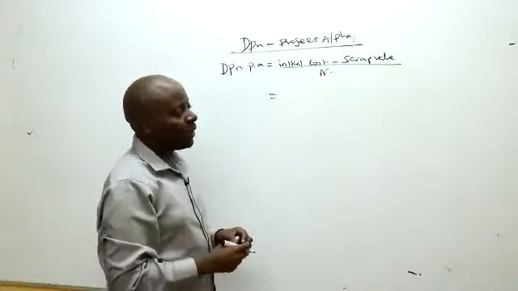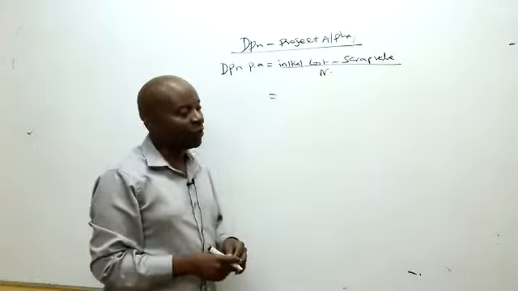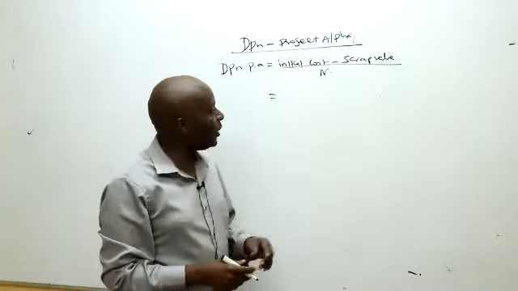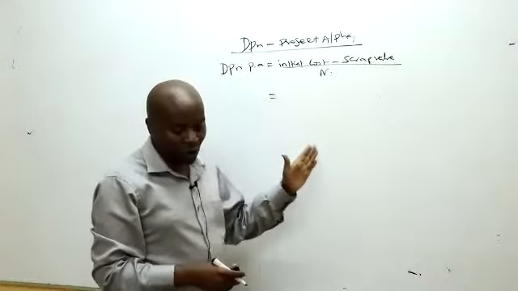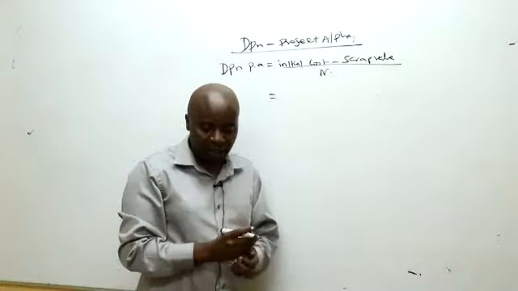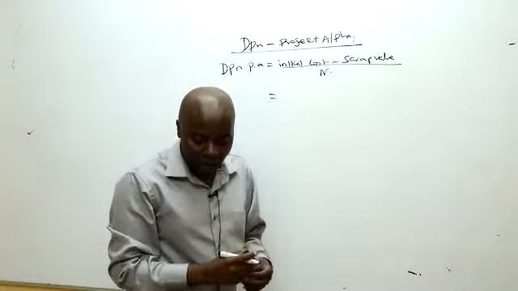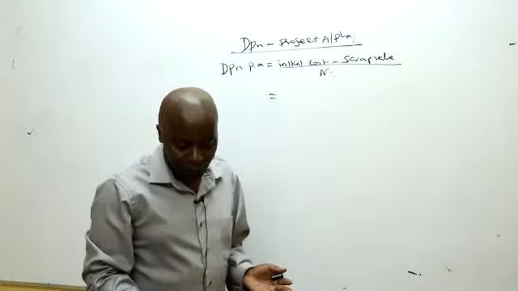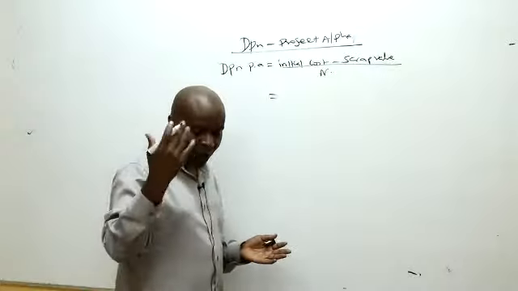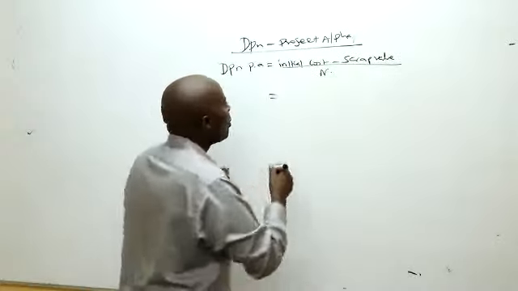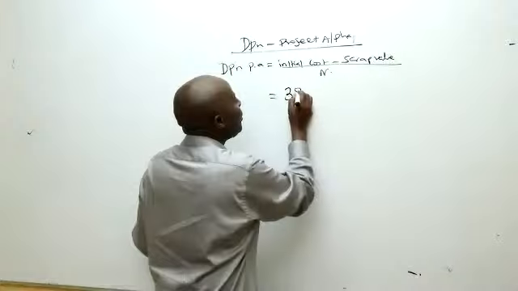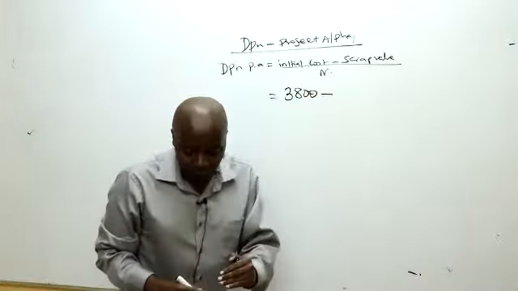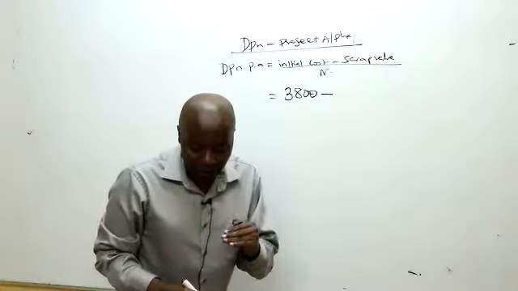Initial cost minus scrap value all over number of years. So please give us the initial cost of project Alpha. They have told us in note number 1, project Alpha costs 3.8. Let's use shillings thousands to be consistent. So this will be 3,800 minus the scrap value as per note number 3.